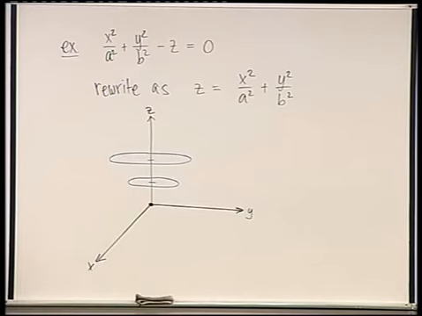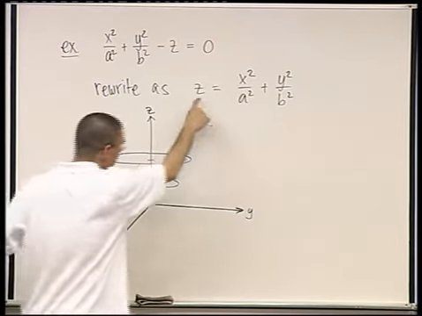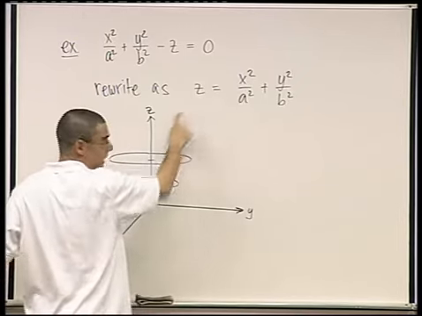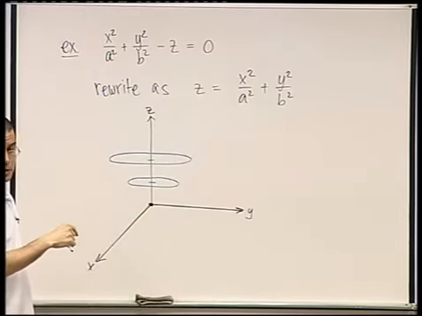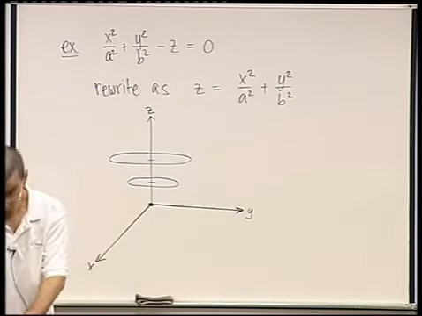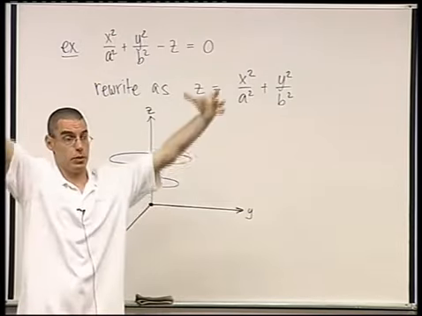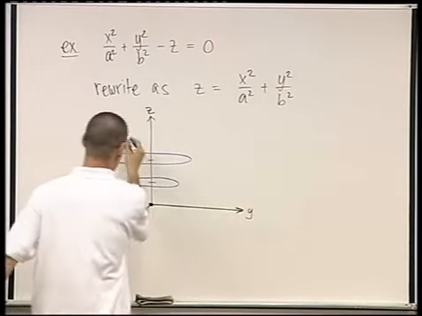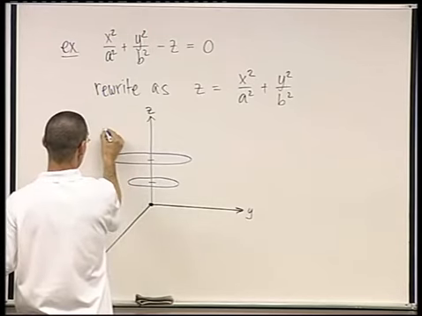Do you agree that for any positive z that I plug in here, I'm going to get an ellipse? And those ellipses are going to get bigger and bigger and bigger. Do you see that? Okay, so I'm not going to draw tons of them. How about just one more maybe? Something like this.